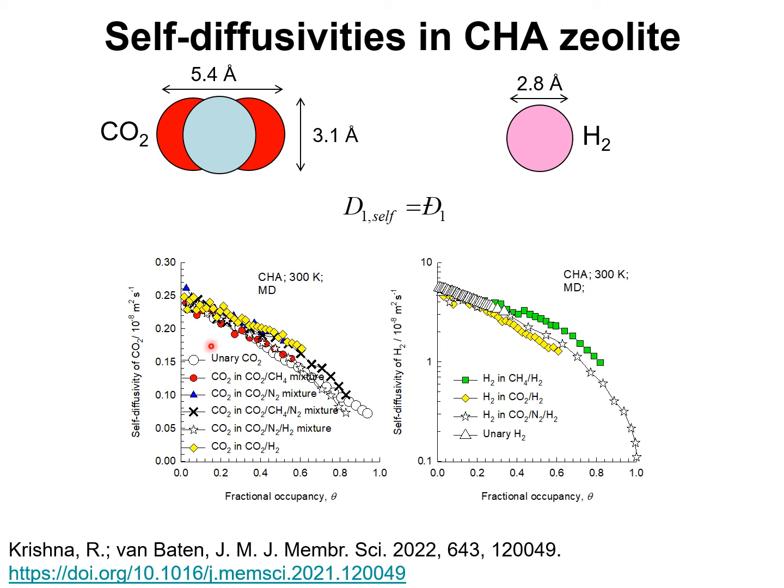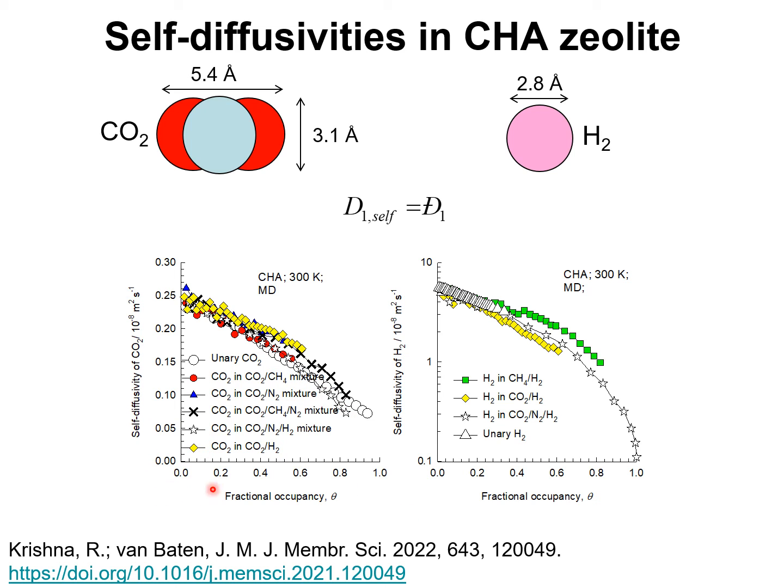The blue triangles show the CO2 self-diffusivity in carbon dioxide-nitrogen mixtures. In ternary mixtures of CO2, methane and nitrogen, shown by the crosses. In ternary mixtures of CO2, nitrogen and hydrogen, shown by these stars.